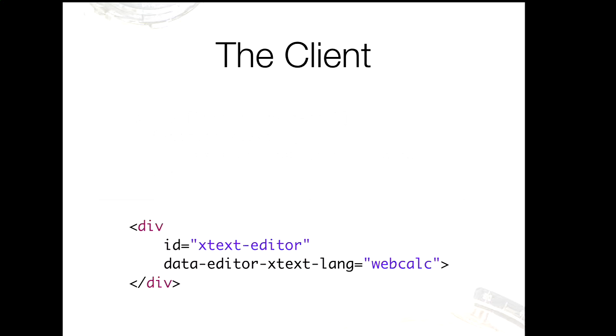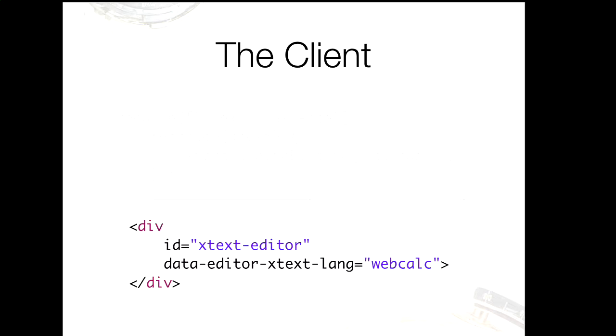Here you can add additional options if you prefix attributes with data-editor. Here, for example, we can specify the language that we want to represent in that editor. This is maybe the easiest option.